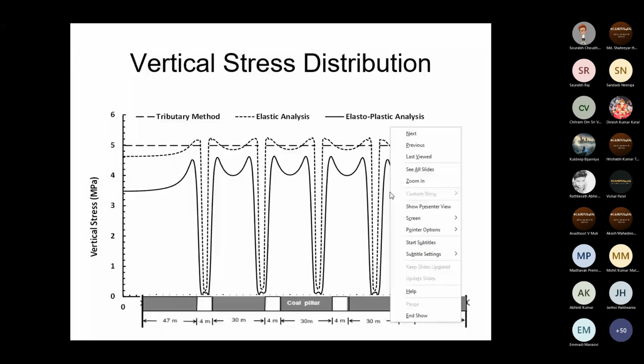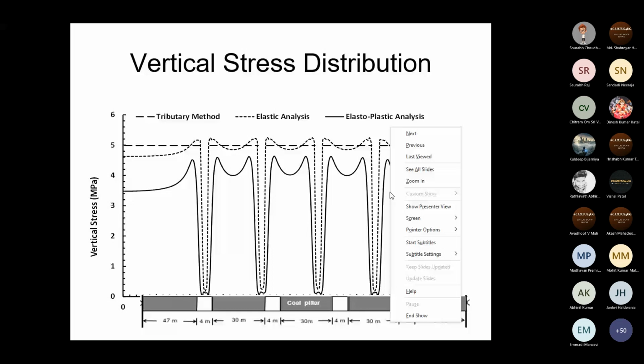It is a method by which we are finding the stresses on the pillar. Three methods. I am comparing the methods of stress measurement. One is the tributary method, the second is the elastic analysis, and the third is the elastoplastic analysis. We have compared three methods here, and for a given condition, we have drawn this stress plot.